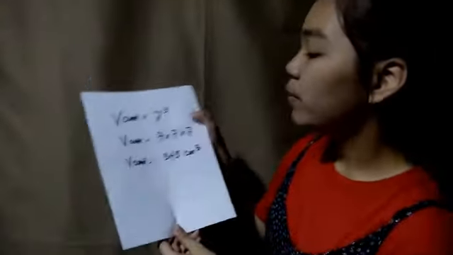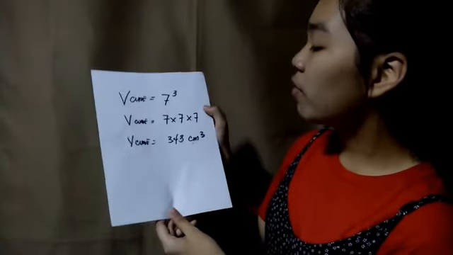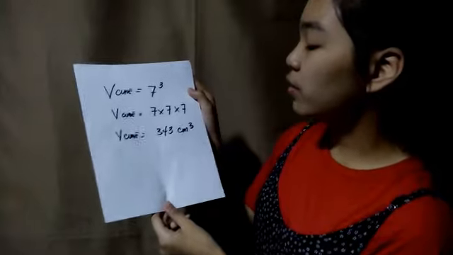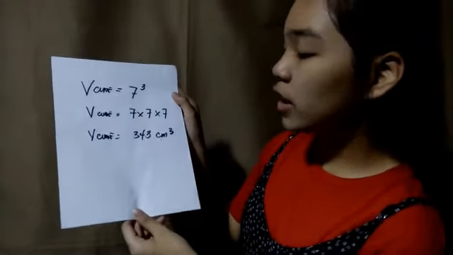I will give you 5 seconds, and the timer starts now. 7 cubed equals 7 times 7 times 7, so the volume of the cube is 343 cubic centimeters.